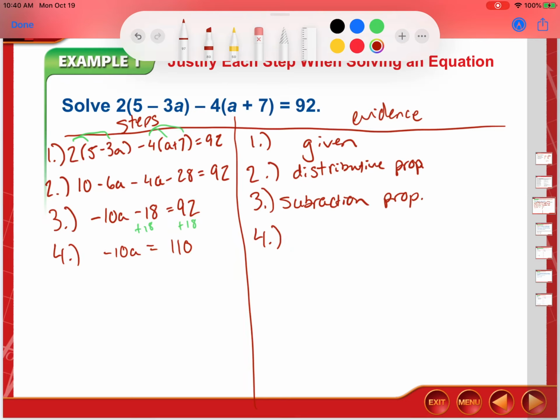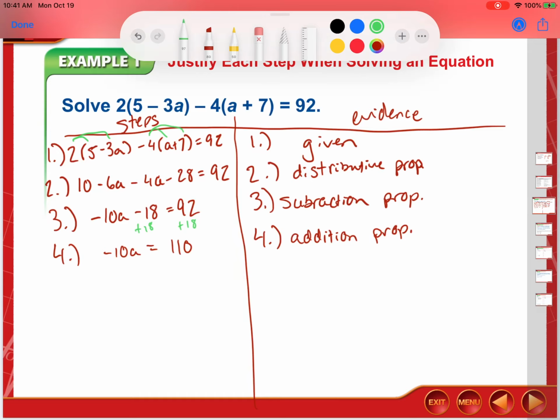Now my evidence for this, since I'm adding to both sides, is going to be the addition property. So since I added, it's the addition property. All right. Now we're left with -10a equals 110.